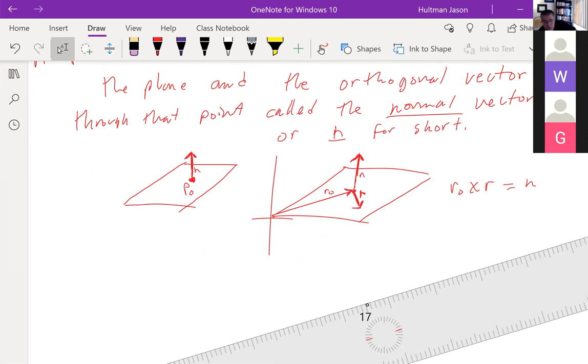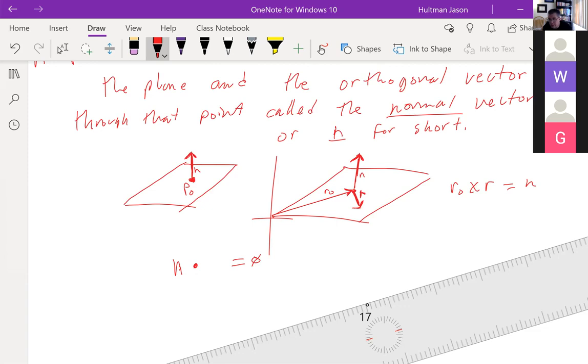What's the cosine of 90 degrees? It's 0. So we could say that n dotted with any vector on this plane, any vector on this plane whatsoever, is equal to 0.